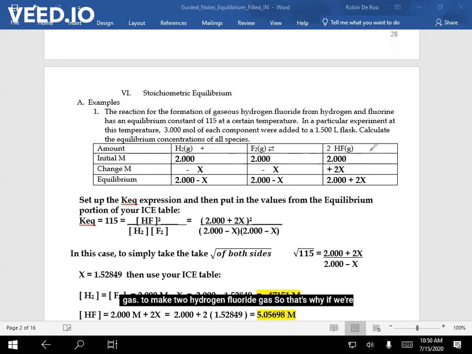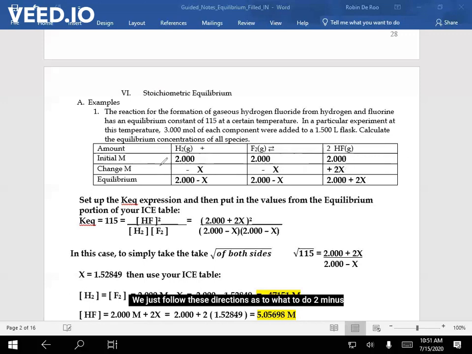So if we're going to have a change, these reactants become a product. We would mathematically say minus x, minus x, plus 2x. We obtain 2 hydrogen fluoride molecules every time we lose 1 hydrogen molecule and 1 fluorine molecule. So now we have our directions.